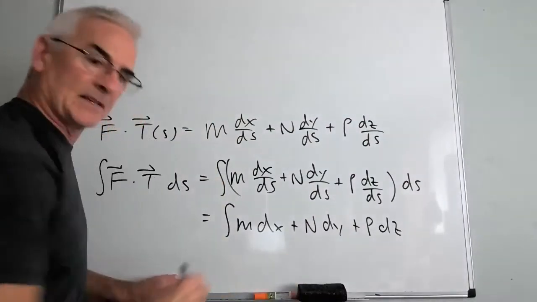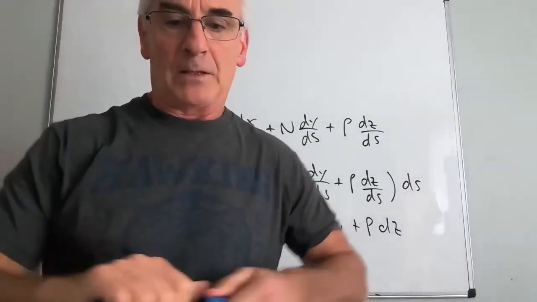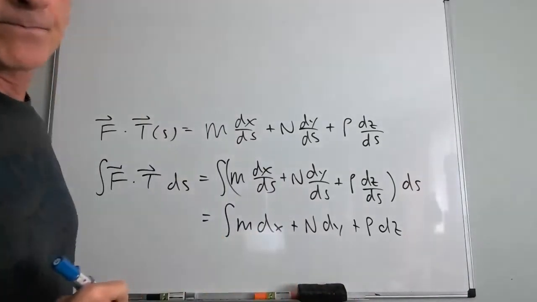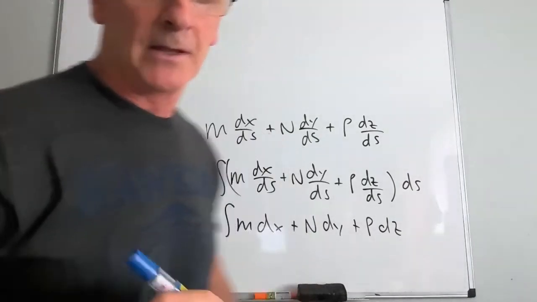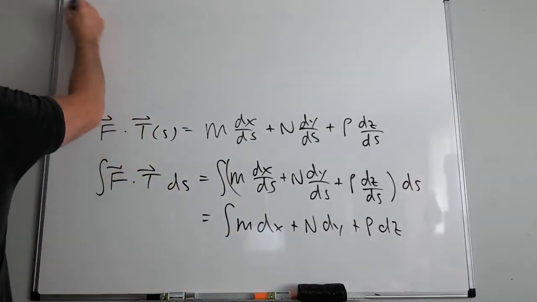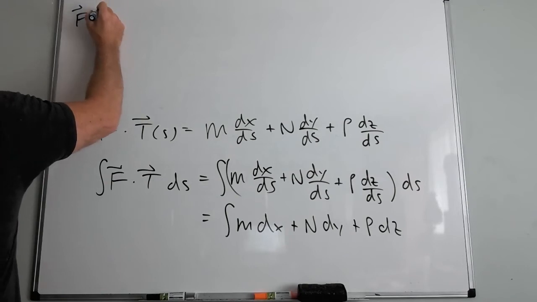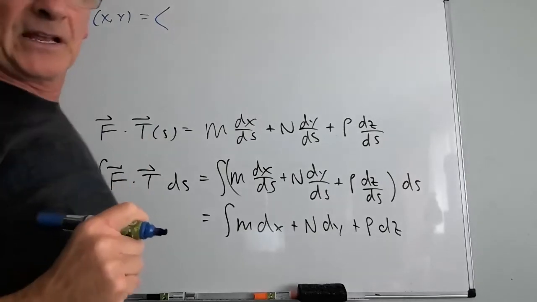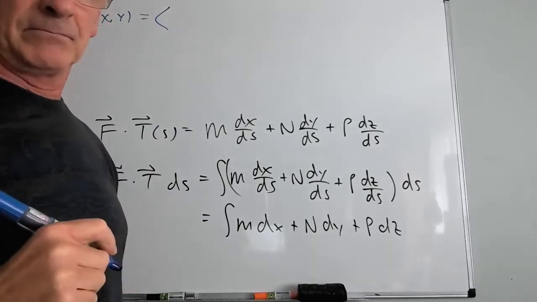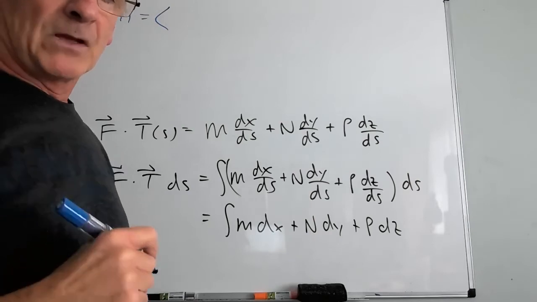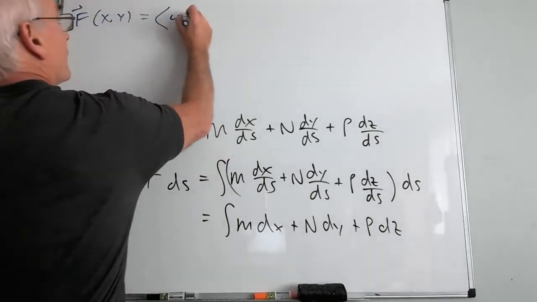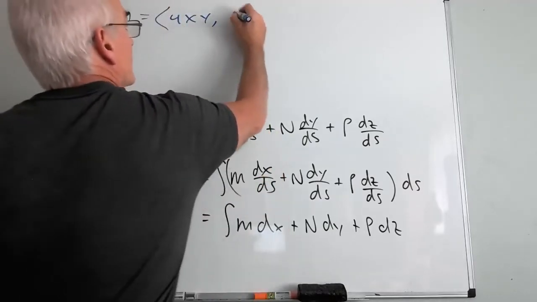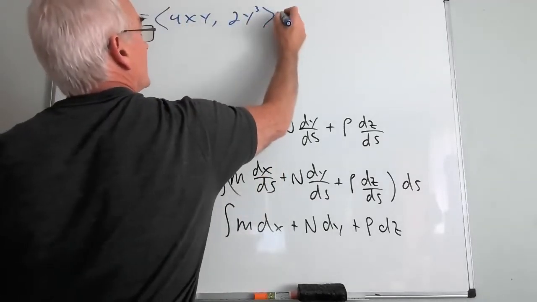Let's do a really simple one. Let's say I want to make this not too complicated. Let's say F, and I'll do it in 2 dimensions for now, is 4xy and 2y cubed.